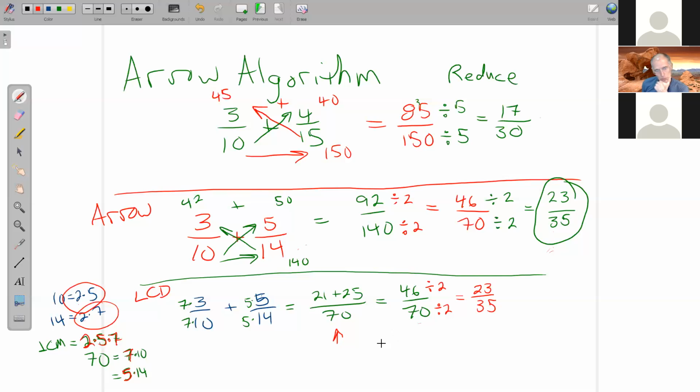So then the question becomes, you're going to have to teach the LCD algorithm in the future. It's in the textbook. Kids are expected to understand it. It is an important thing in algebra for the kids that need to go on to algebra. So we definitely need to help kids try and learn it, but there are lots of kids that are just going to stumble during these first steps right here.